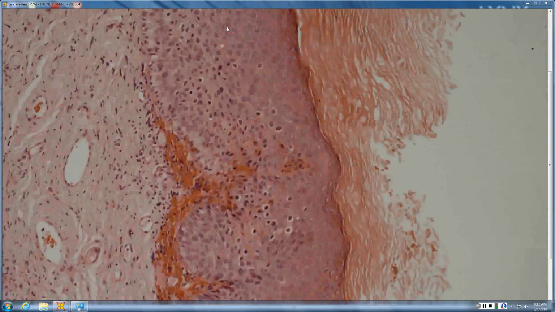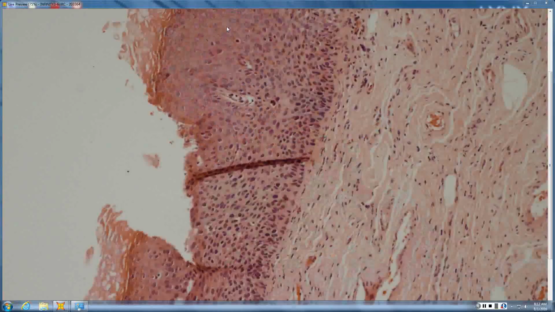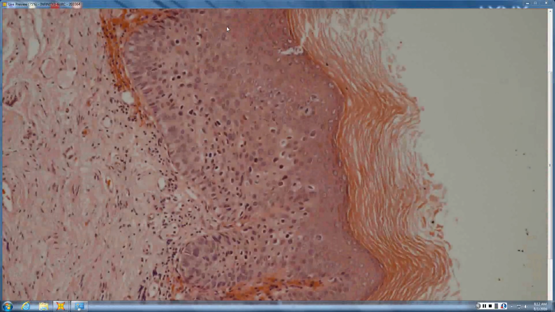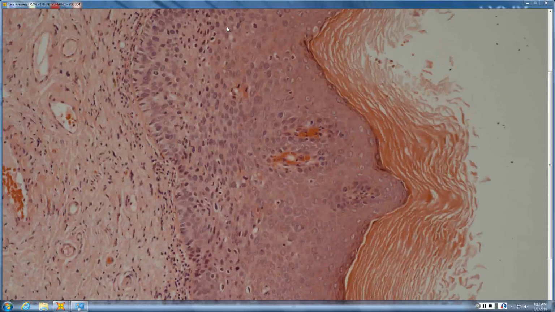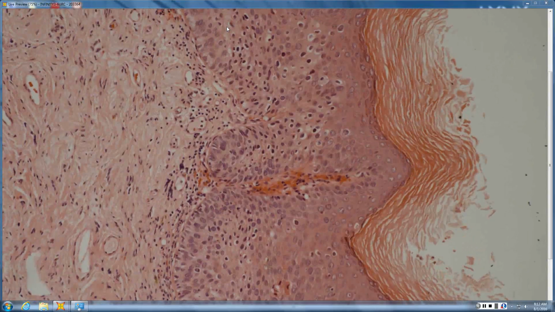So it looks like some crowding at the DEJ, and not quite full thickness though. So I would probably be more in the AK range.